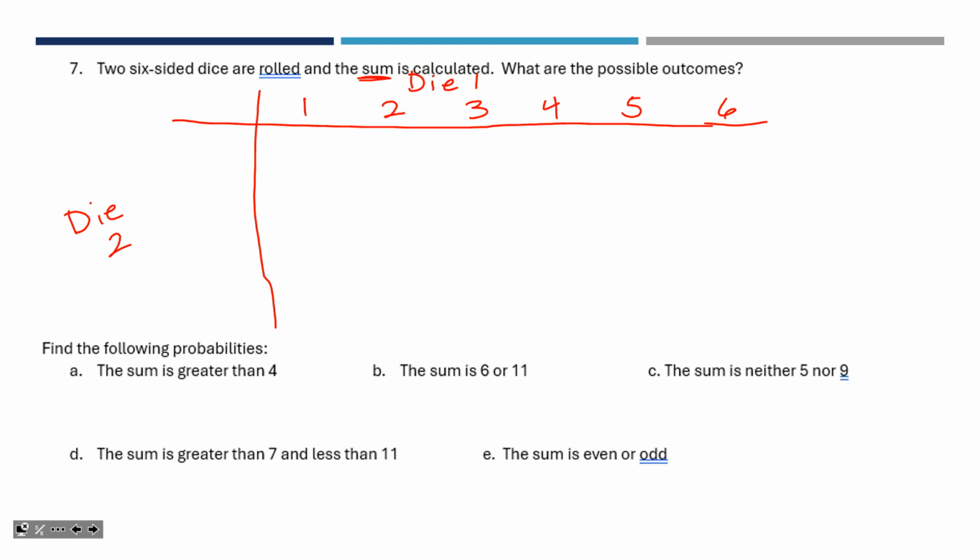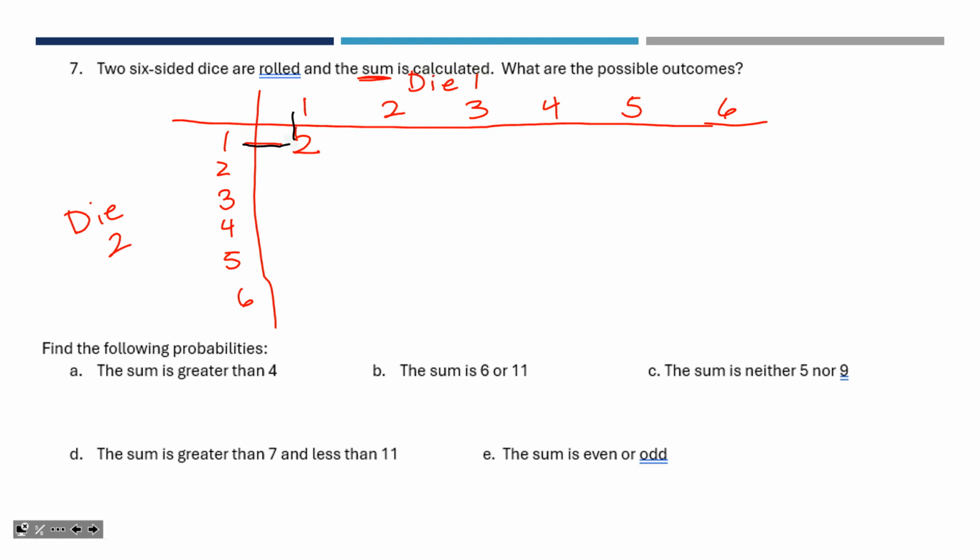And then on the second die, I could roll a 1, a 2, a 3, a 4, a 5, or a 6. And now I'm going to think about adding them together. So if I roll a 1 and a 1, that would get me a sum of a 2.